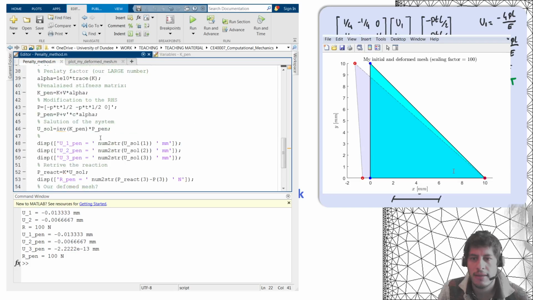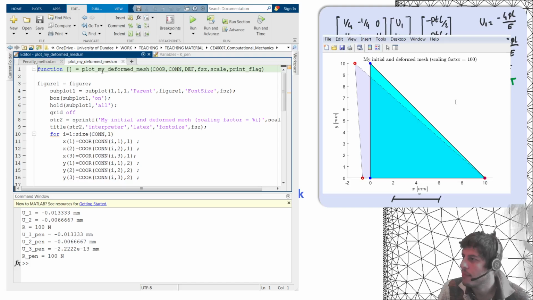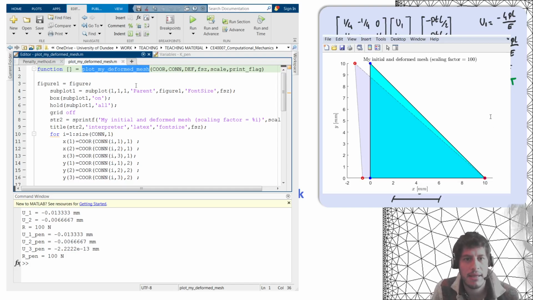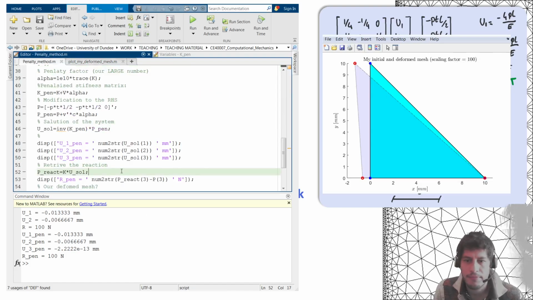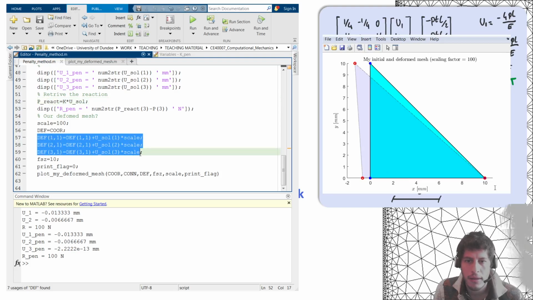Now let's get into this plot my deformed mesh function, which has the same structure of what we've seen so far, but I've changed the input. I still use the coordinates, I still use the connectivity, but then I give as an input also the deformed nodal coordinates, as we just calculated here.